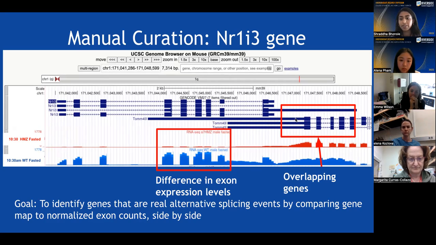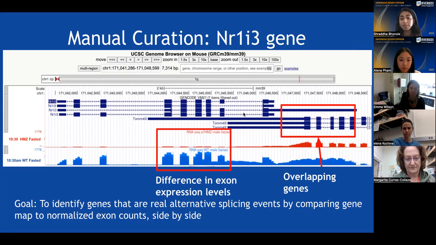So this program may have actually been calling it alternatively spliced when in fact it was just two gene regions that were overlapping, and now it's just seeing this huge level of expression, but it's not really alternatively spliced. And so this process allows me to mark off this gene as something that I should not consider, which has been happening a lot right now, going through that huge list of 177 genes.